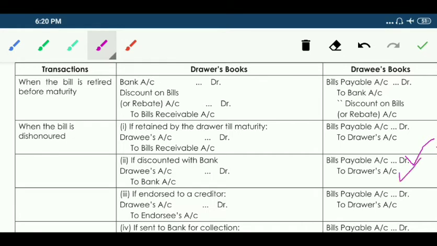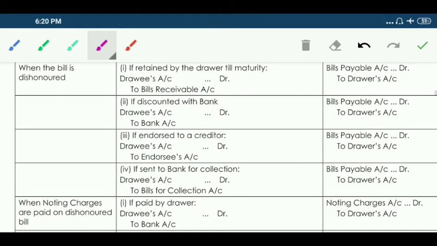Next, if endorsed to a creditor. If the bill is endorsed to a creditor, then to cancel the earlier entry of the creditor account, we debit the endorsee's account.